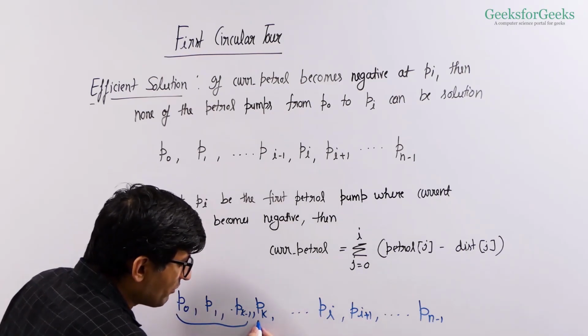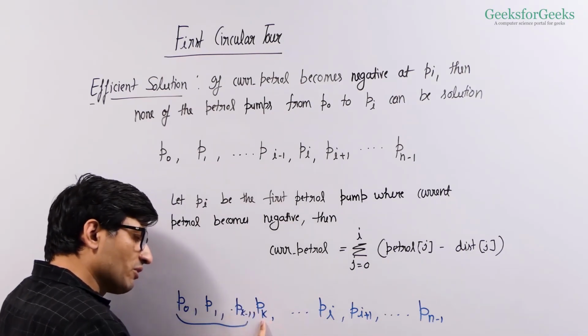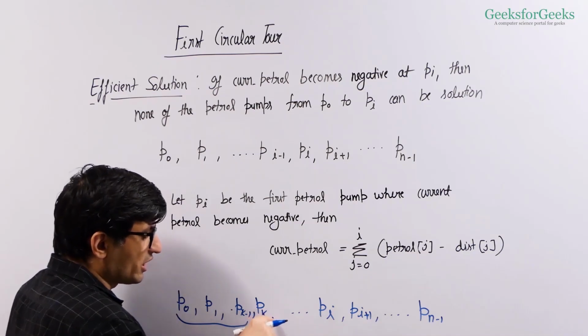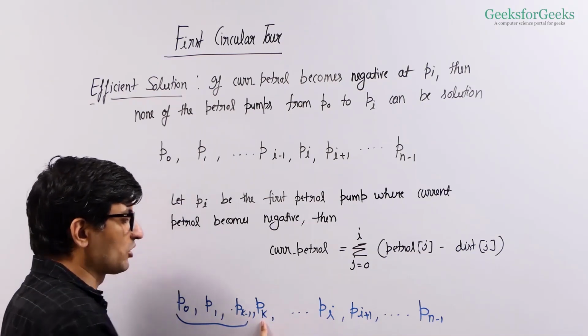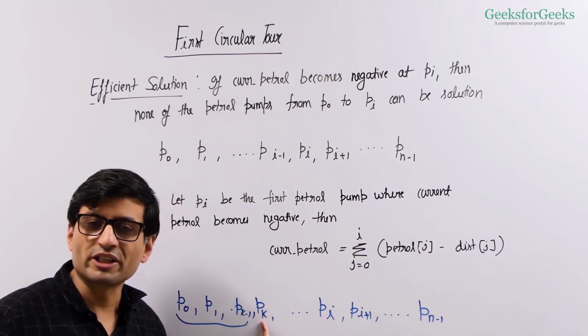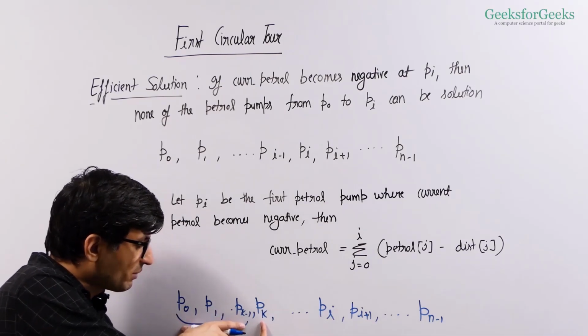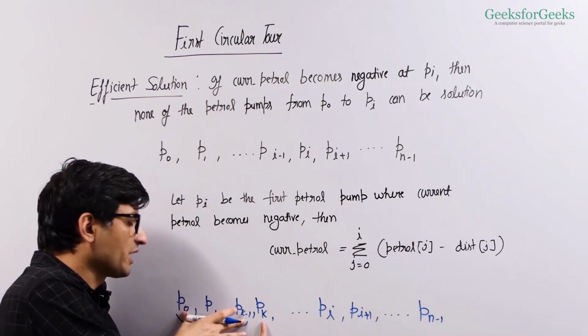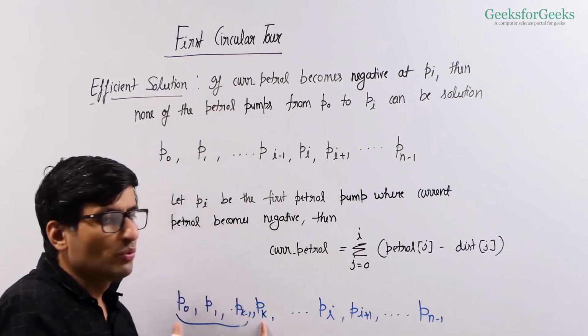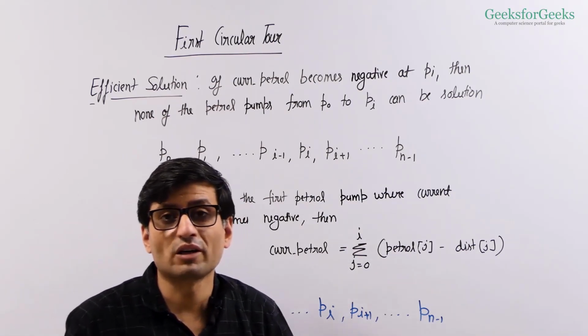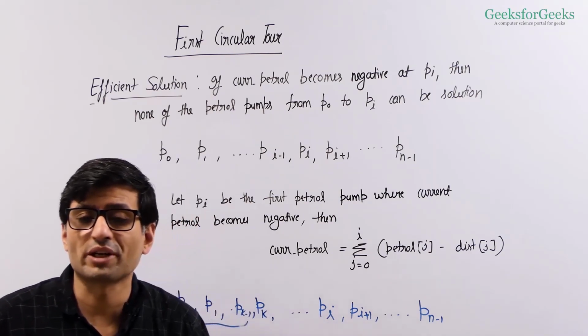So what are we doing when we are considering Pk as our valid answer? This current petrol at Pi should also be positive. But what we have done here is we have actually subtracted a positive value from this current petrol. We have removed P0 to Pk-1. So you are removing a positive value from a negative value, so it cannot become positive.